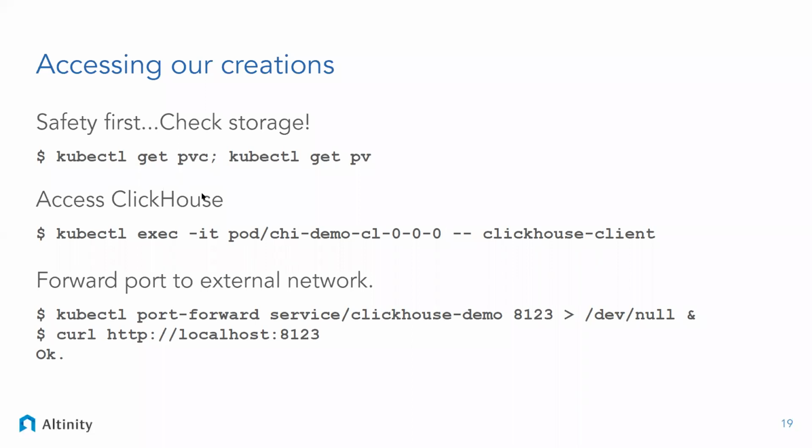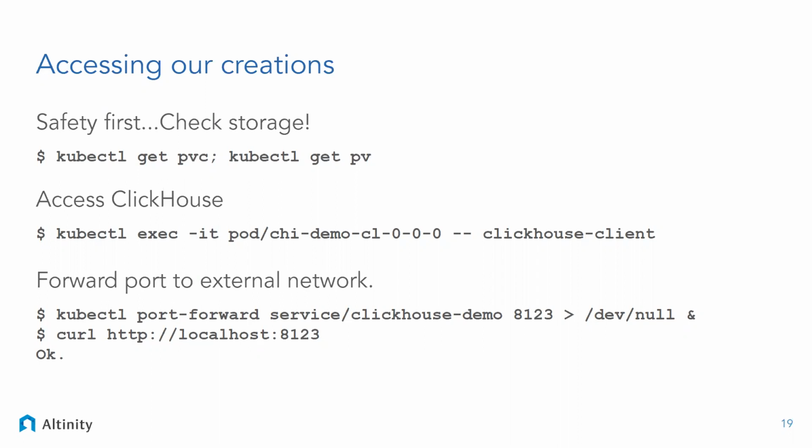So even in these dev environments, one of the things I always like to do, and I recommend this for anybody who hasn't used this before, is just make sure your storage got allocated correctly. You can do things like look at the PVCs, the persistent volume claims. If you allocated storage, make sure it really showed up and it's the right type.